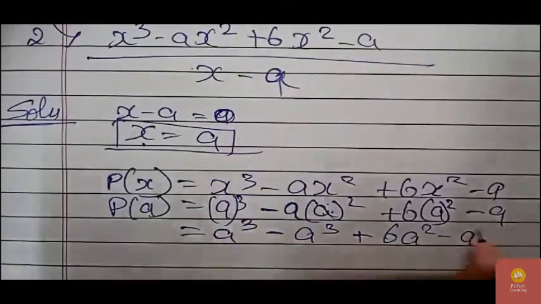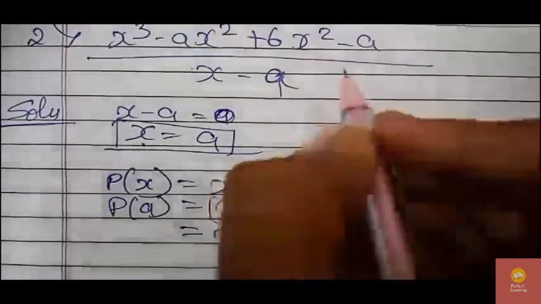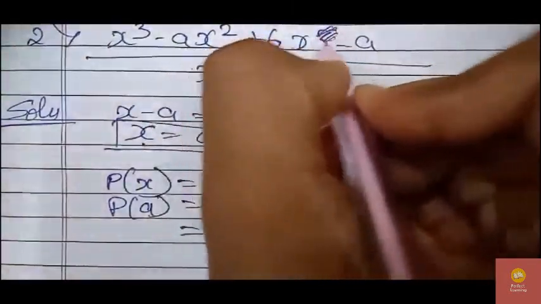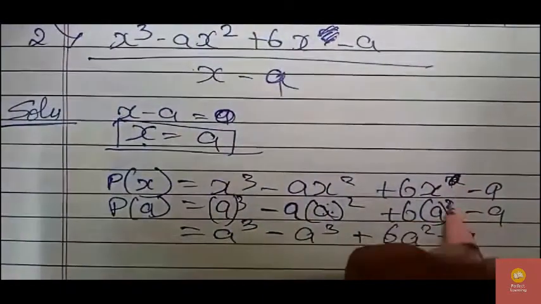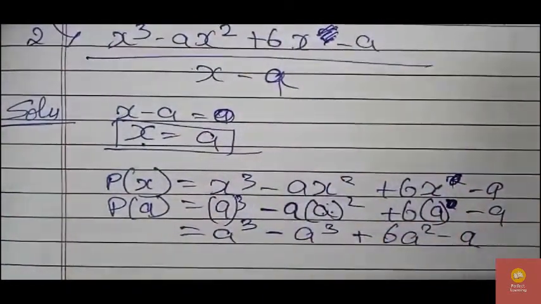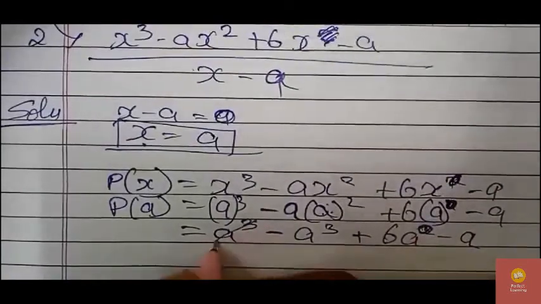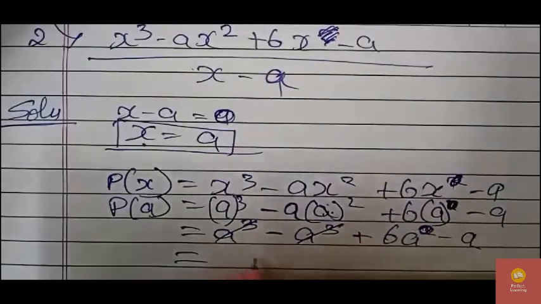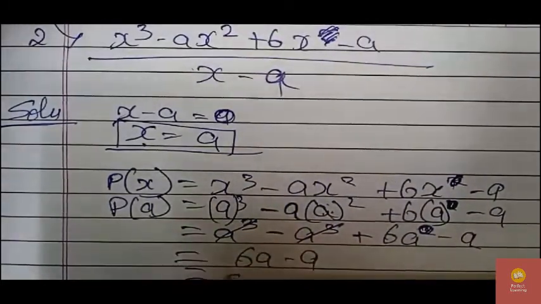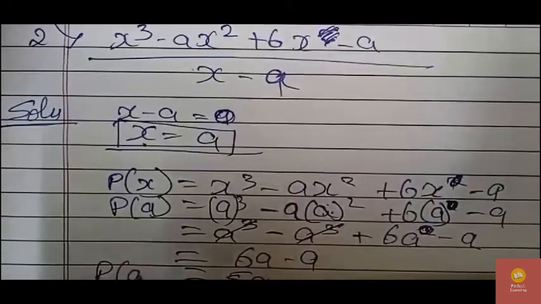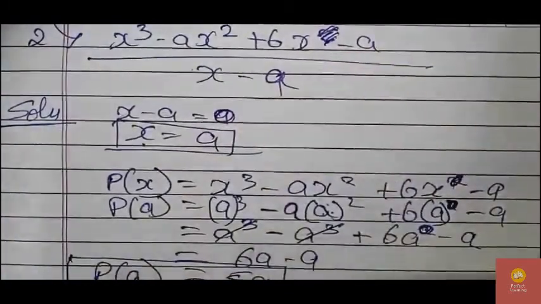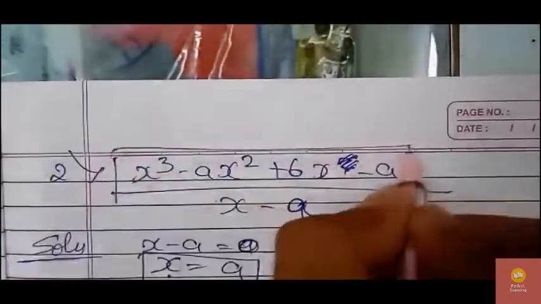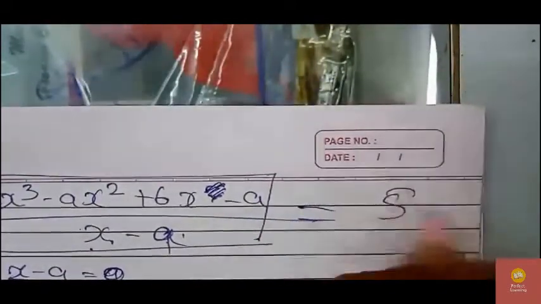Here the square is not present. What a mistake is happening today. Cancel these squares, and this plus a cube and minus a cube will get cancelled. The final answer is 6a minus a, which is equal to 5a. The remainder of this problem is 5a. When we divide this equation by x minus a, we will get the remainder as 5a.